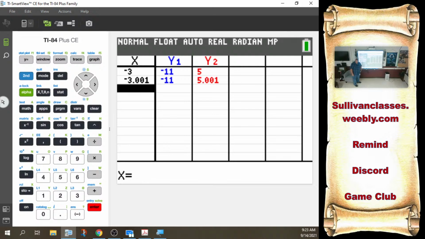Because the blue was everything less than or equal to -3. If I go to -2.99, I have to remember I'm looking at the yellow now. I have to make sure that this number and this number are headed to the same spot. And they're not. Okay?